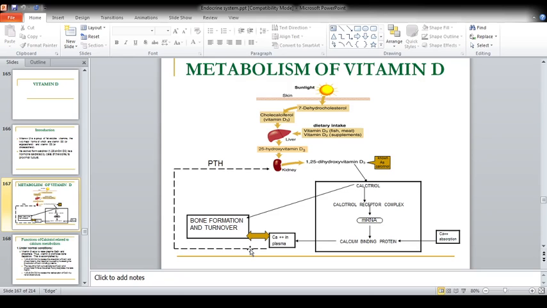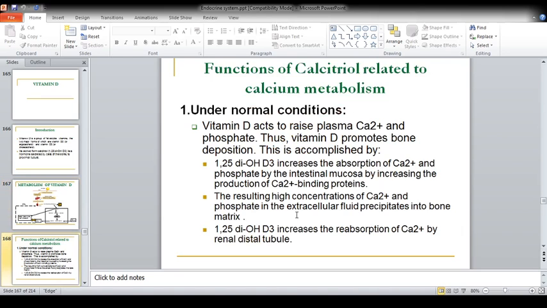So parathyroid hormone is activated via increased calcium reabsorption, and it would in turn cause activation of vitamin D3 in the kidney. This vitamin D3 would help parathyroid hormone to reabsorb calcium from the gastrointestinal tract.